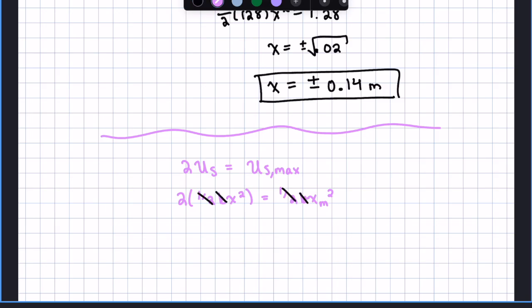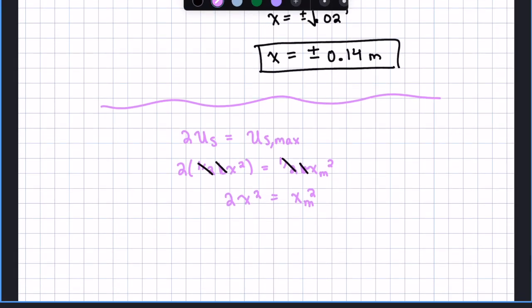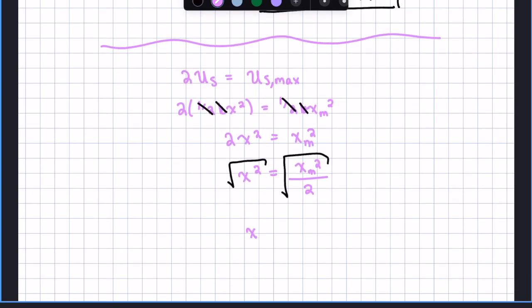And I can get a relationship that's basically 2x squared is equal to the amplitude squared. So x squared would be equal to the amplitude squared over 2. If I take the square root of both sides and simplify it, that would give you x equals plus or minus xm over the square root of 2. So yes, you can also get to it that way.